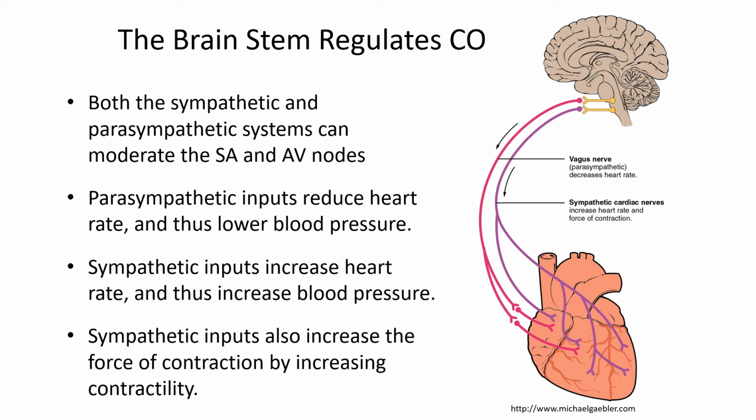Then we have sympathetic inputs that travel down sympathetic cardiac nerves, and they're going to increase the heart rate and thereby increase blood pressure. It's also important to note that both of these inputs, the parasympathetic and the sympathetic, can influence contractility and the force of contraction. So these centers are not just affecting heart rate, they're also affecting stroke volume.